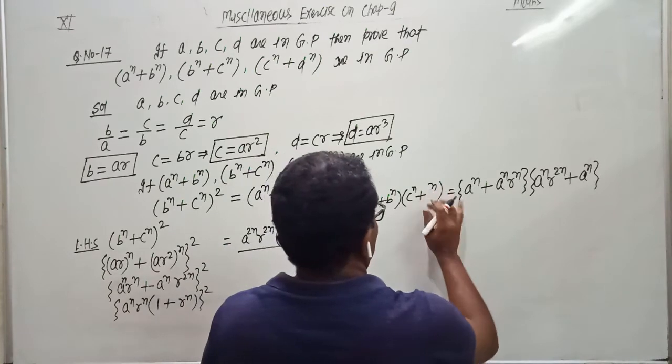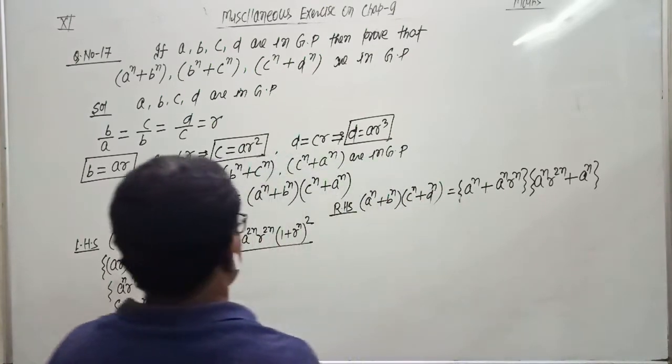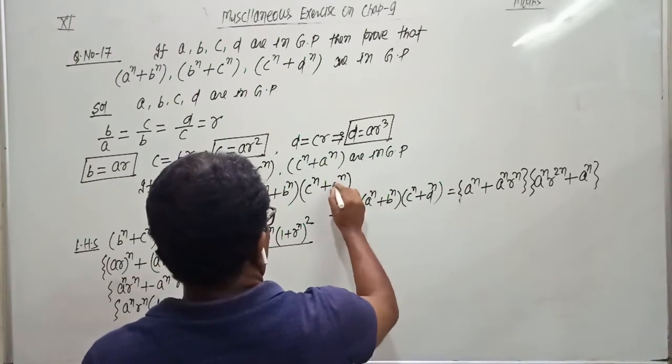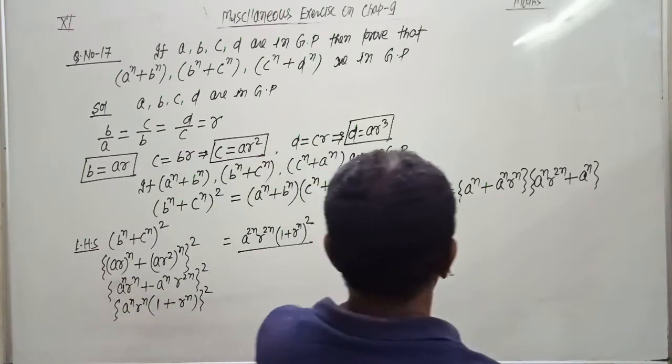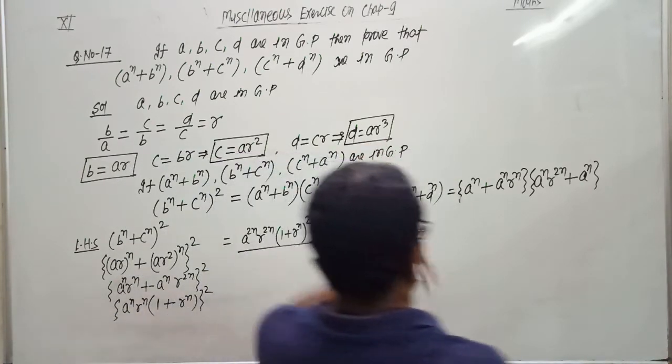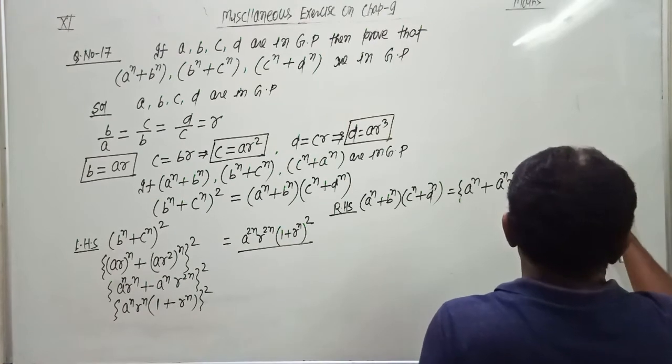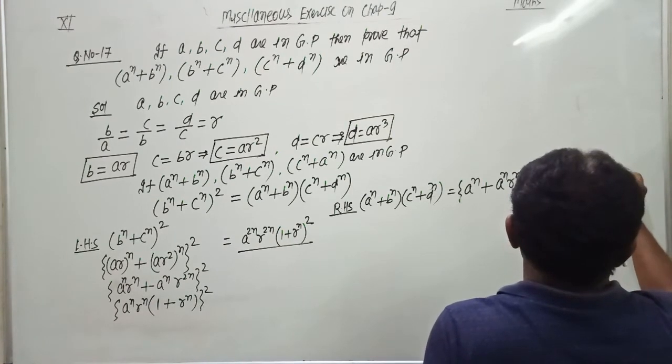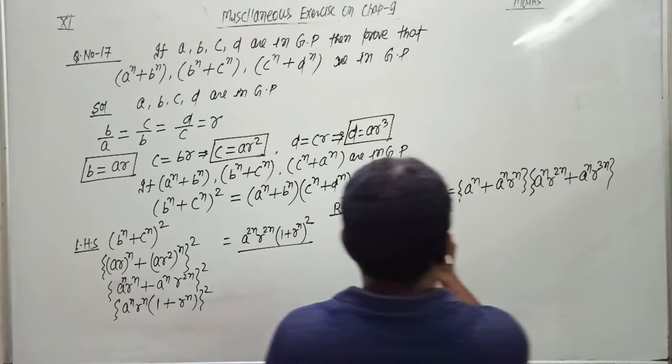The value of D is A into R cube, so A raised to the power n into R raised to the power 3n.